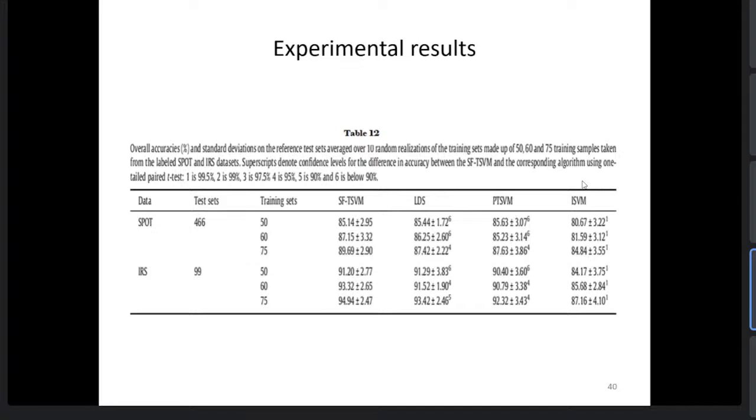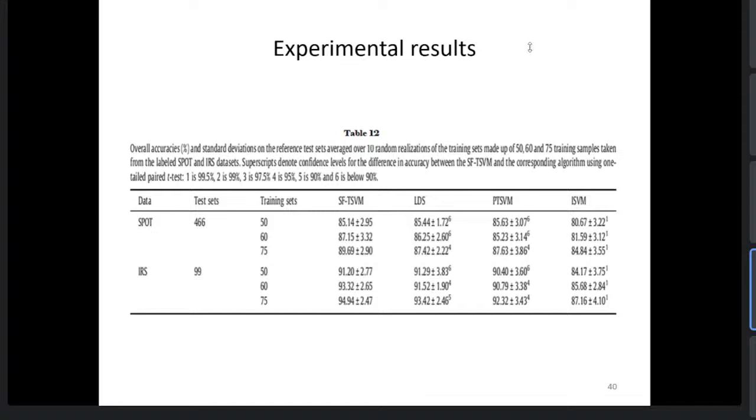Superscripts denote the confidence level. In this case we have used the Student's t-test, a statistical test, for the difference in accuracy between the successive filtering TSBM and the corresponding algorithm.